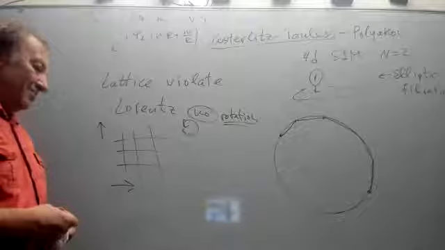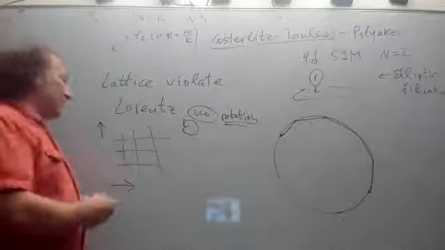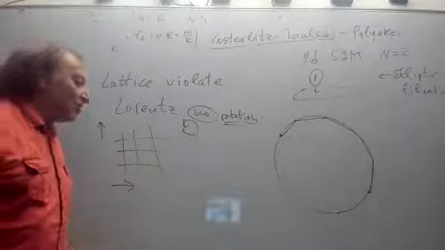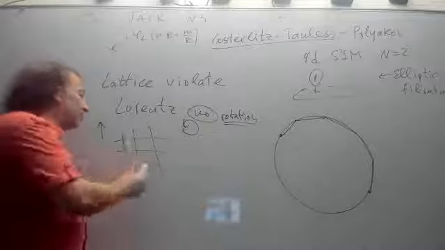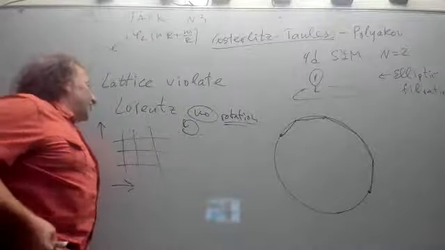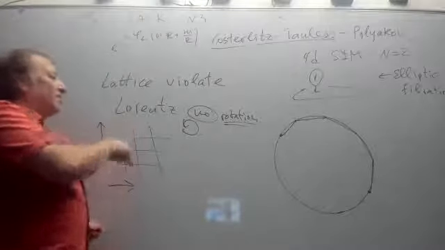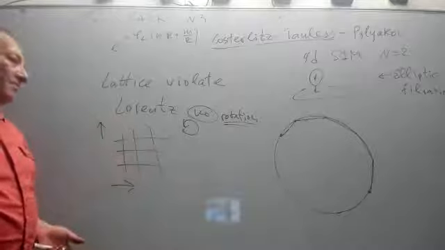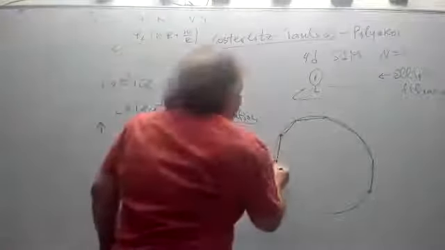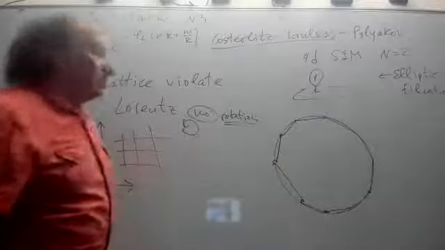And when you speak about supersymmetry, things become even worse, because you have some odd symmetries, and you need to guarantee that odd symmetries are there.